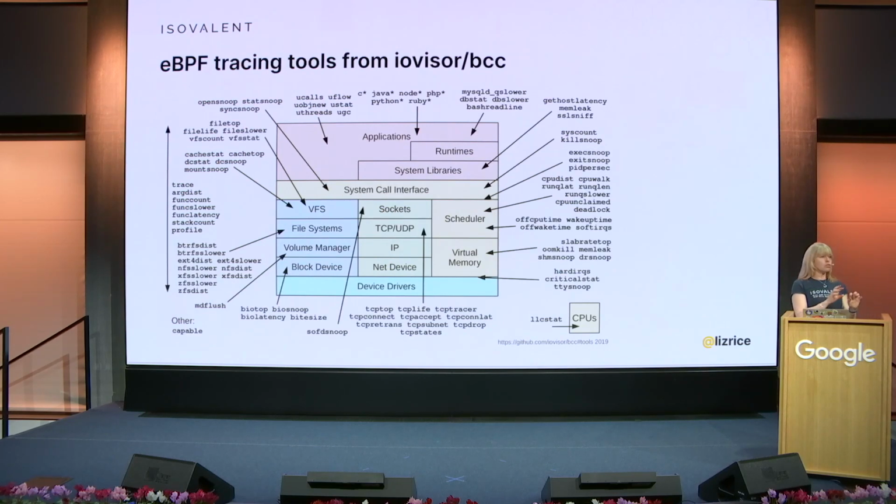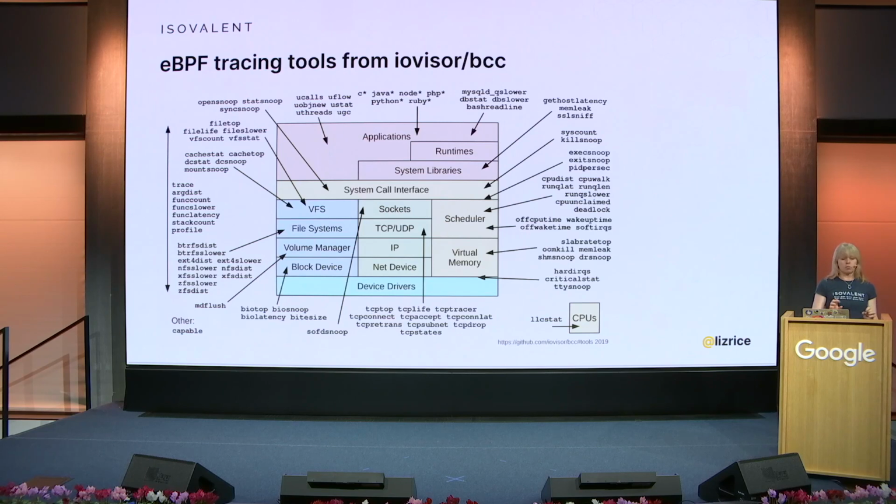eBPF has been used to instrument pretty much every aspect of a running system. There's a collection of tools in the IOVisor project that this diagram shows. Don't worry about all the details. I know it's an intimidating diagram. There's a lot going on here. But really the point is that somebody has already written eBPF tools to instrument and detect what's happening in pretty much everything on a machine, whether it's to do with files or memory or networking or user-space applications.